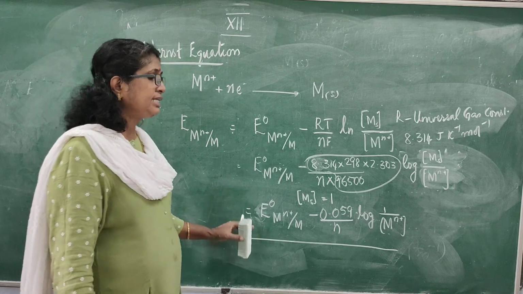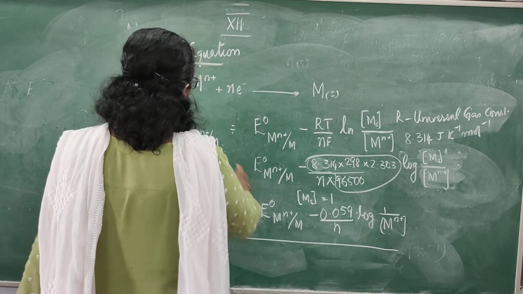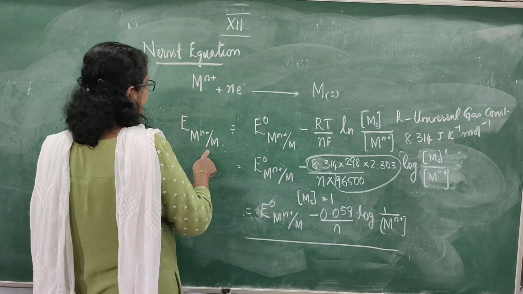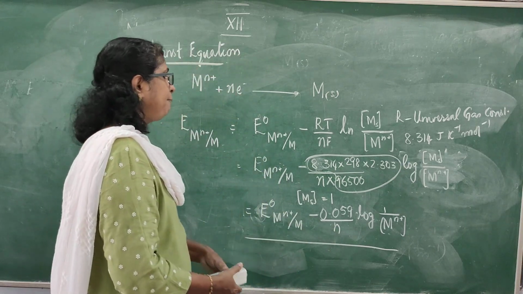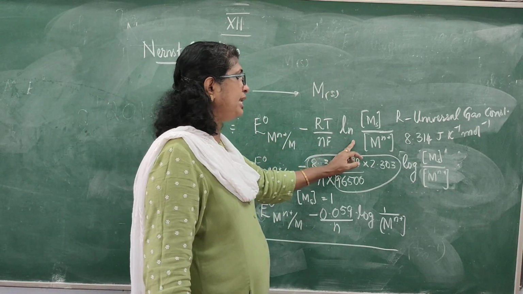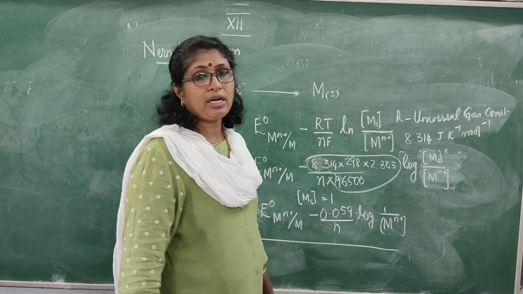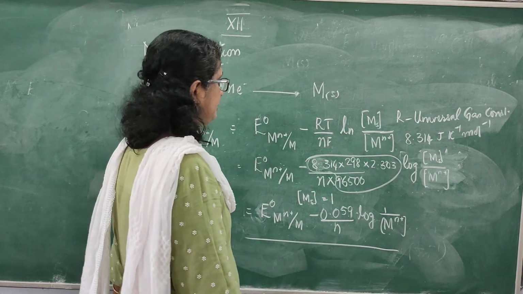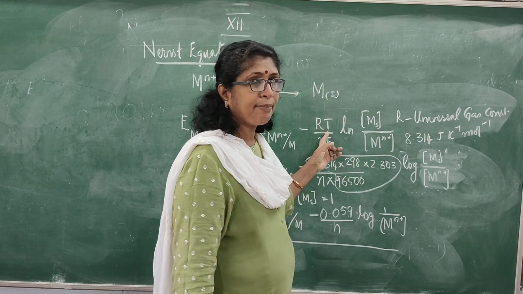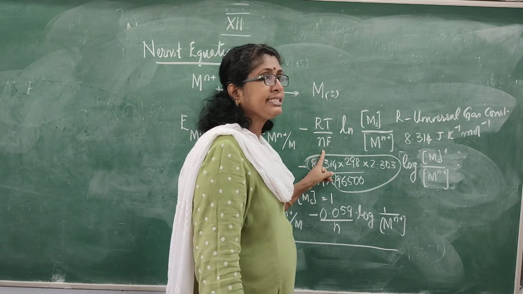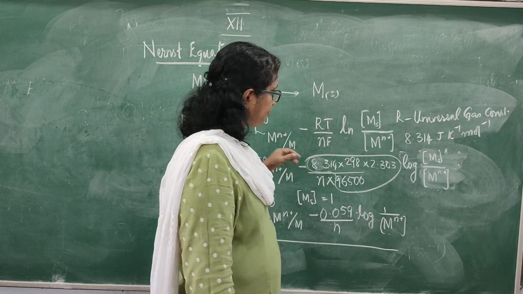Understood? So this is the Nernst equation for an electrode. For a general electrode, E of Mn+/M is equal to E naught of Mn+/M minus RT by nF ln of the molar concentration of M solid by the molar concentration of Mn+, where R is the universal gas constant, T is the temperature in absolute scale, n is the number of electrons accepted, and F is Faraday's constant.